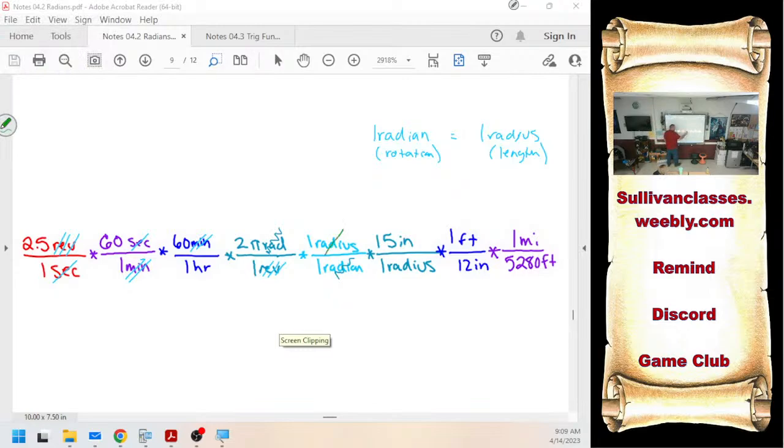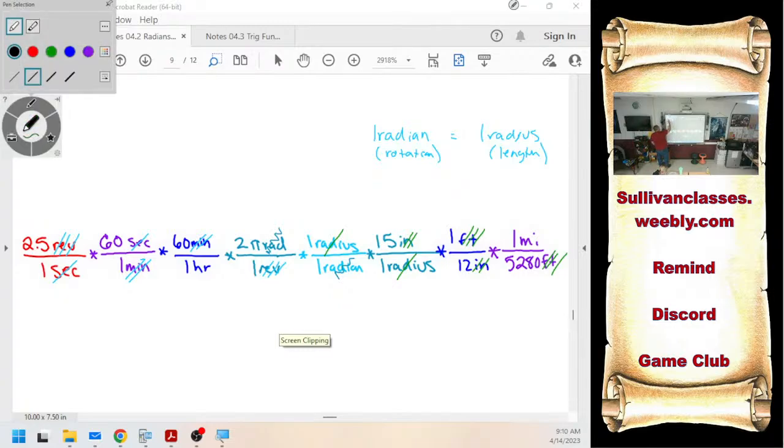So my radius crossed with radius, my inches with inches, my feet with feet. If I look at the top, the only thing I have left for units is miles. If I look at the bottom, the only thing I have left is units of hours.